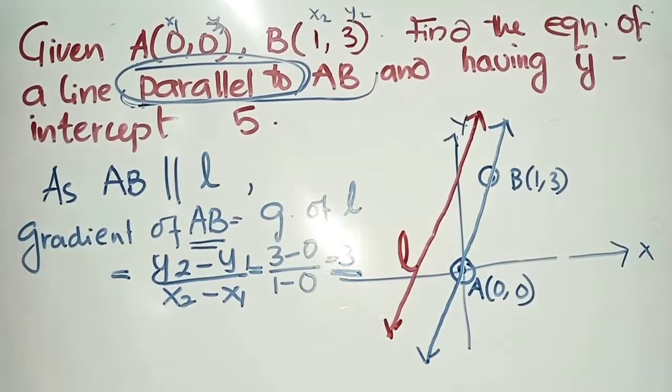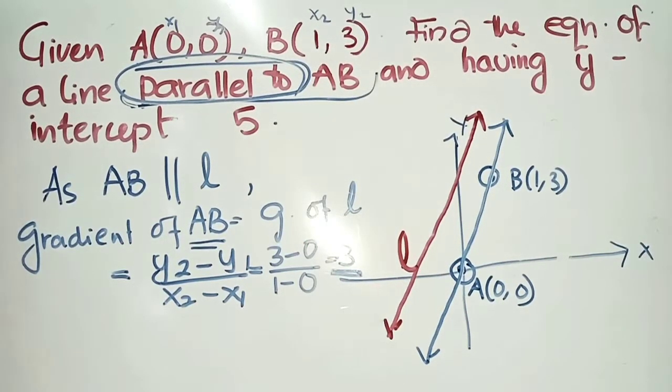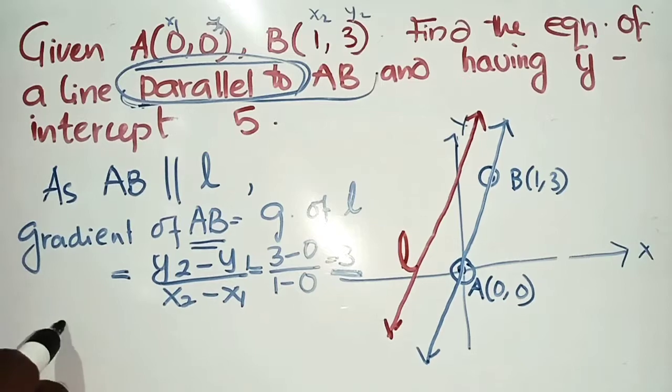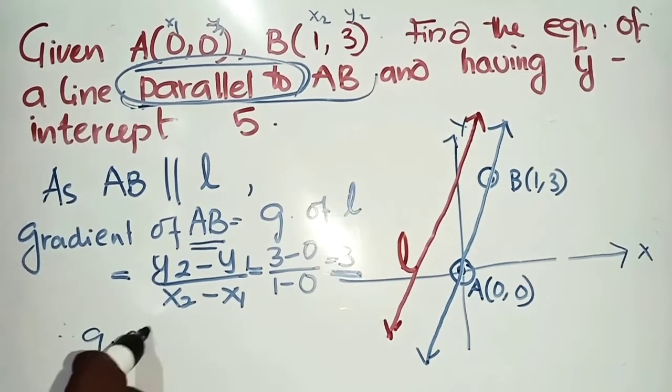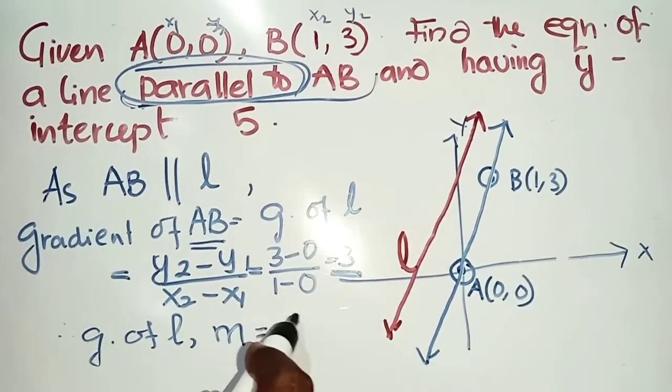So what is the gradient of AB? It is 3. As the gradient of AB is 3, what will be the gradient of L? That also will be 3 because AB is parallel to L. Therefore, the gradient of L, which you can call m, is equal to 3.